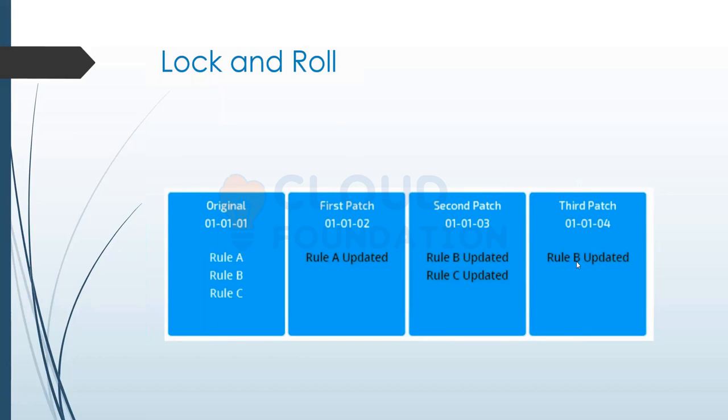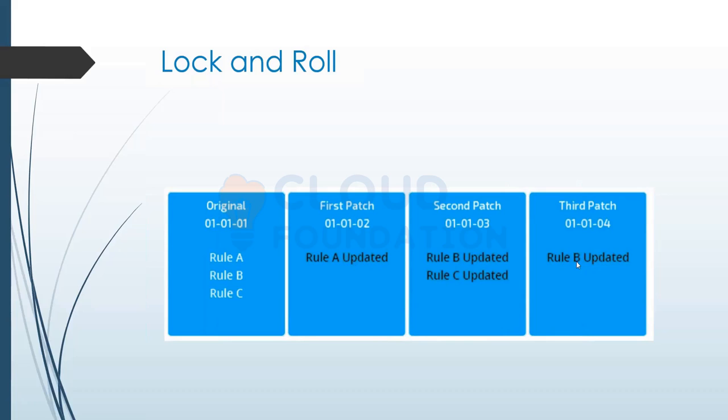Now, if I would like to ask, what is the version of Rule A that the system would pick? From which version would it be? Would it be from the original patch, second patch or third patch? For A, it will be from the first patch.